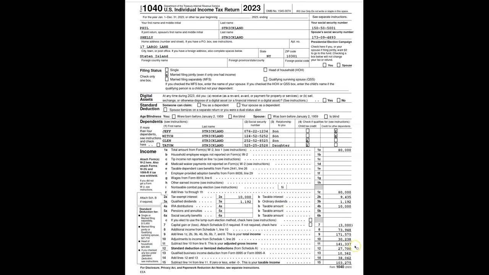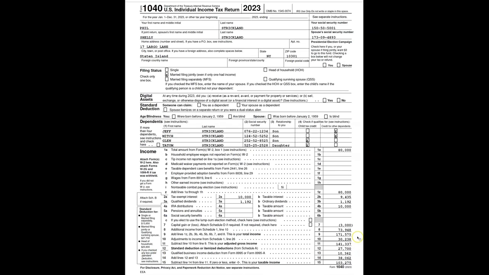So think of AGI as the first stop on the way from gross income all the way down to taxable income. What started out as gross income of $171,575 is down to $103,275 by the time we have to pay taxes. And the reason between $171,000 of gross income and $103,000 of taxable income, the reason is allowable deductions.